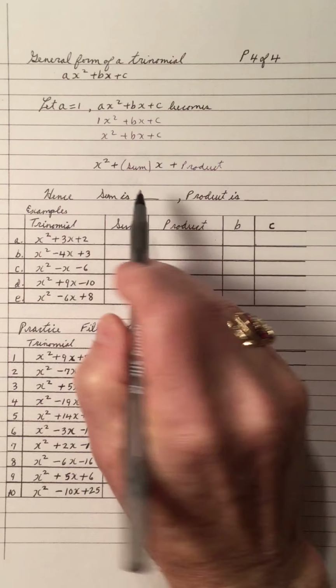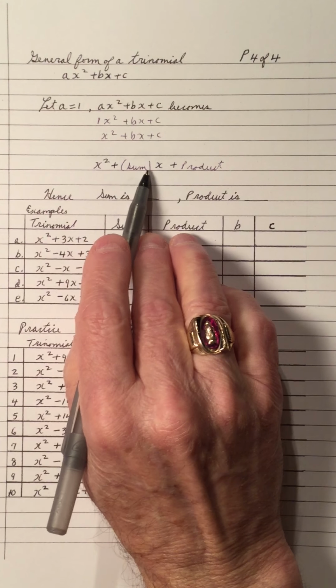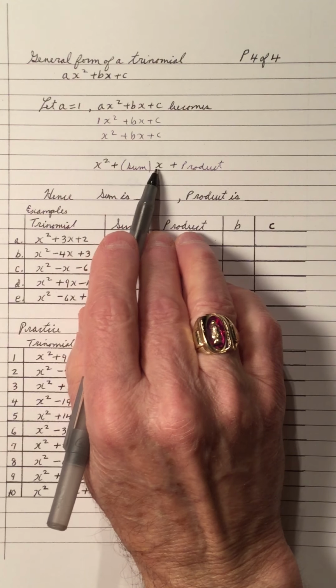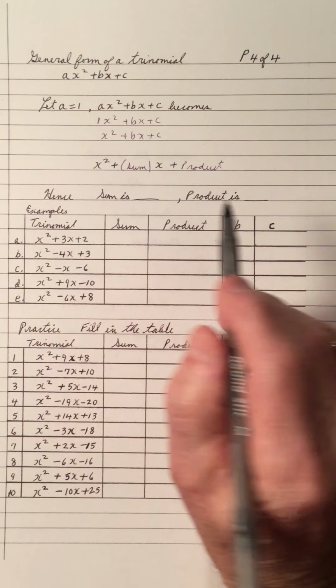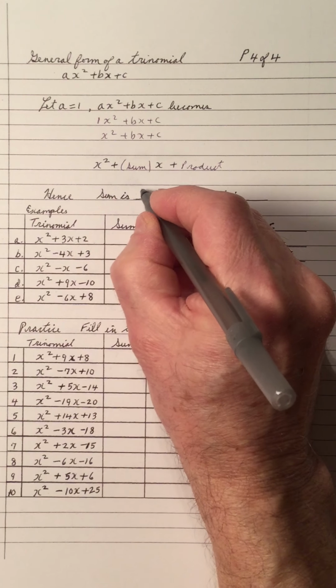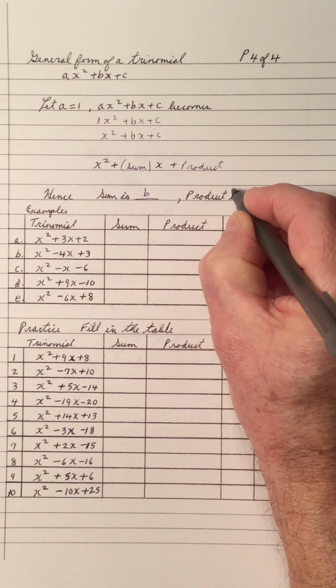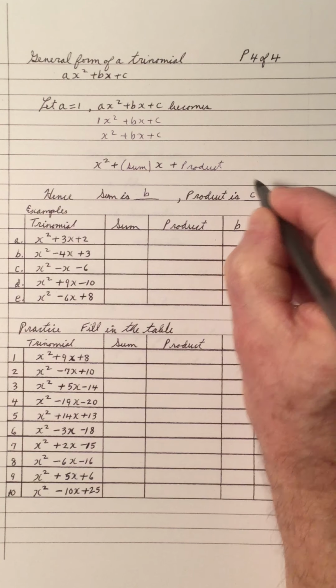X squared plus this number, that's the sum of the binomial terms. That's the product of the binomial terms. So hence, the sum is the b, and the product is the c.